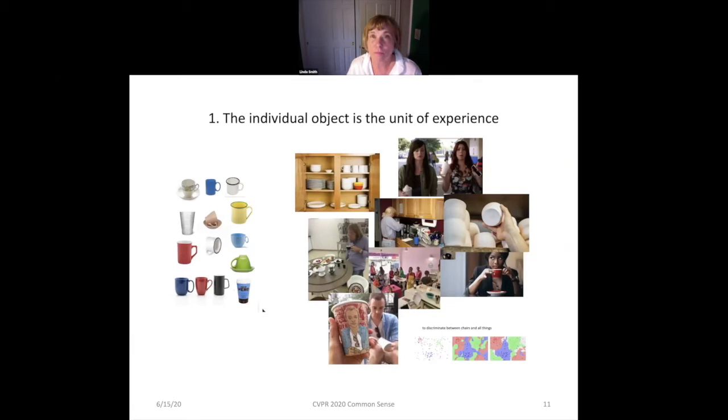So when you look at the egocentric data from babies and toddlers as they explore the world, the first thing you realize immediately is that the individual object is the unit of experience. So when we go to teach categories, typically in psychology experiments and to CNNs, what people do is they gather as many variable possible cups as they can find.